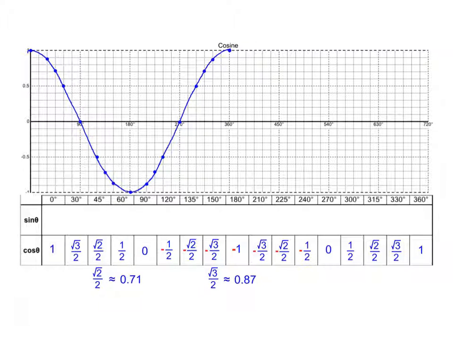What's 30 plus 360? 390, which is this point right here. And because it's coterminal and it's the same point on the circle, we know that the cosine of 390 degrees is going to be root 3 over 2. Or in other words, that 0.87. And so I can go ahead and plot that point then up at 0.87.